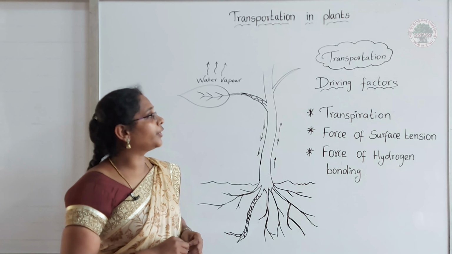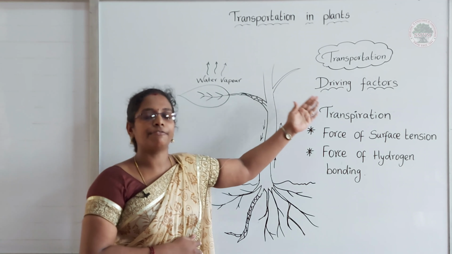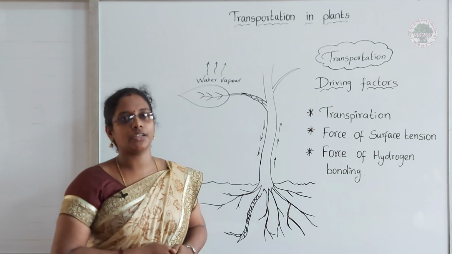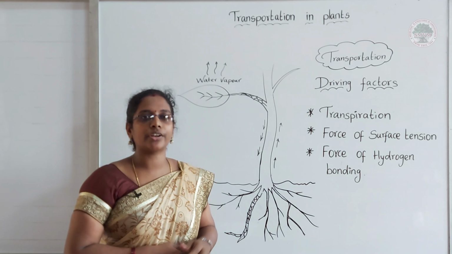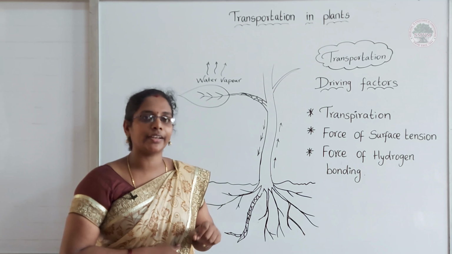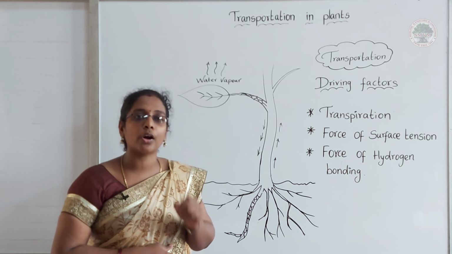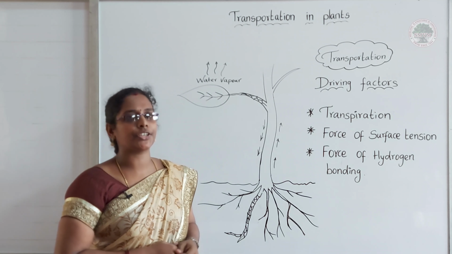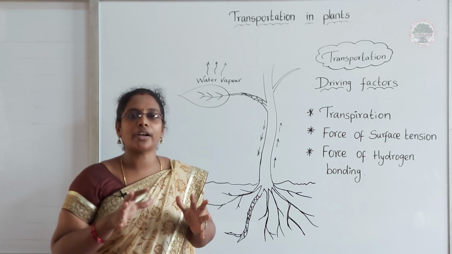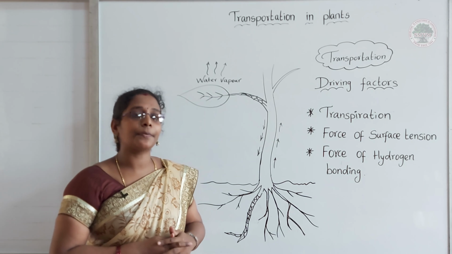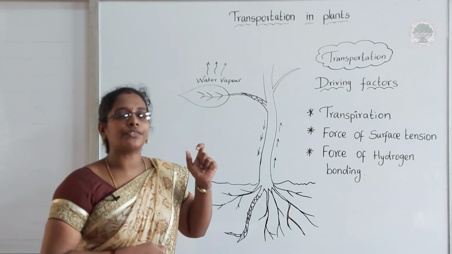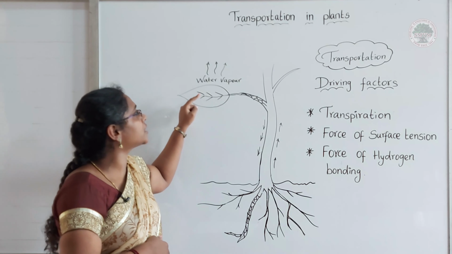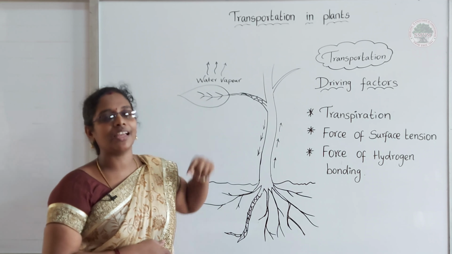Now we are going to see the driving factors of transportation. First and foremost is transpiration. Transpiration plays a very important role in transportation. First we need to know what transpiration is. Transpiration happens in the leaf. The water present in the leaf changes into water vapor and mixes with the atmosphere.